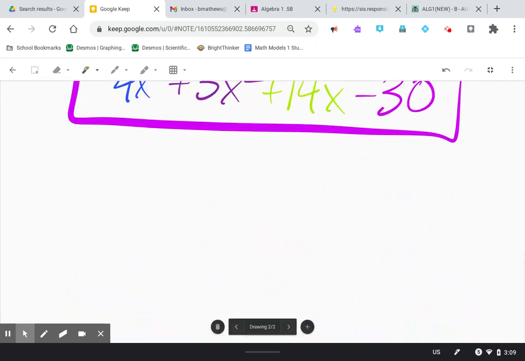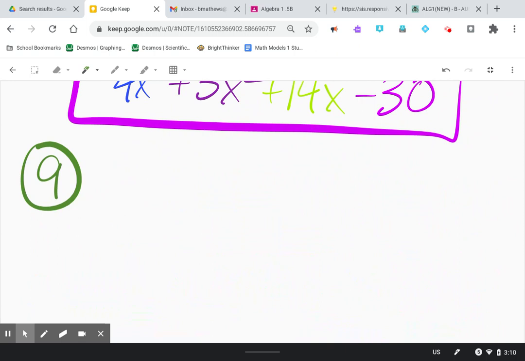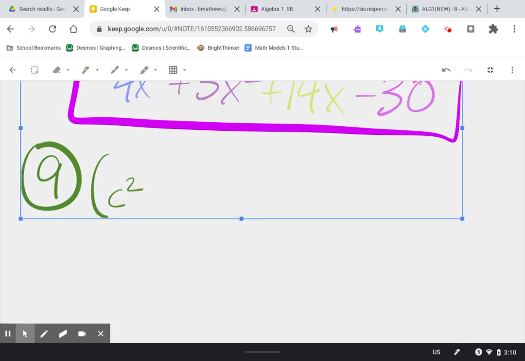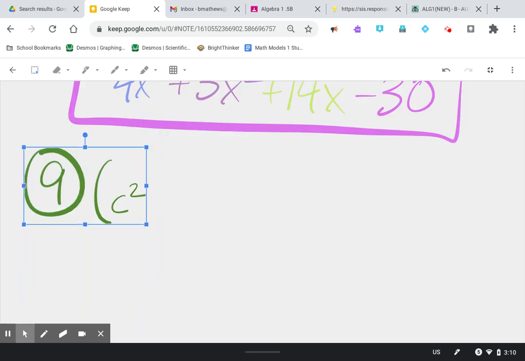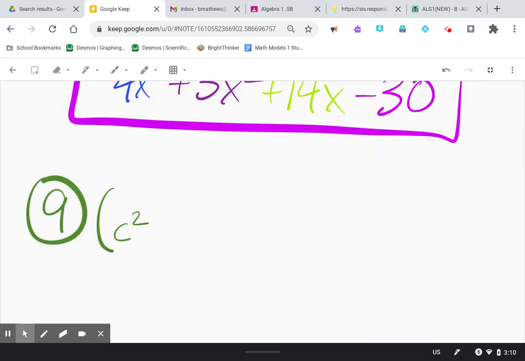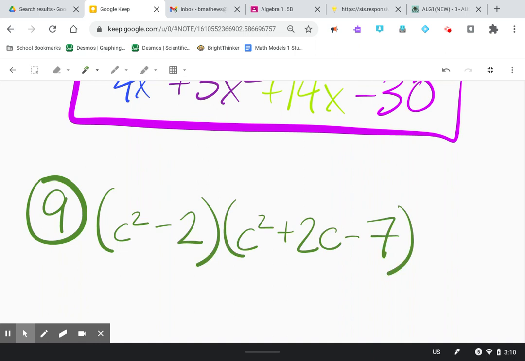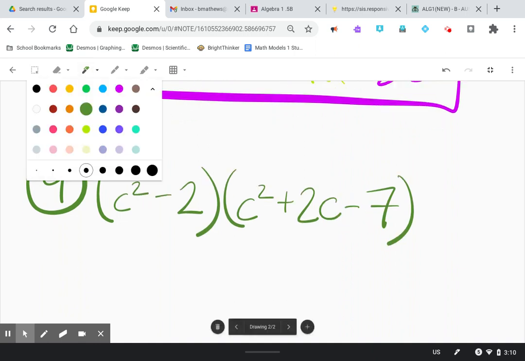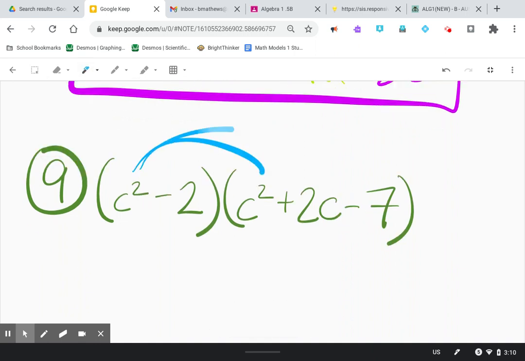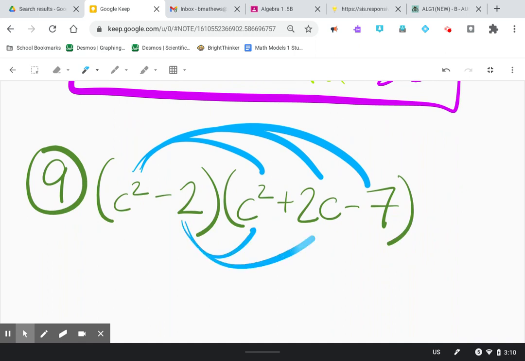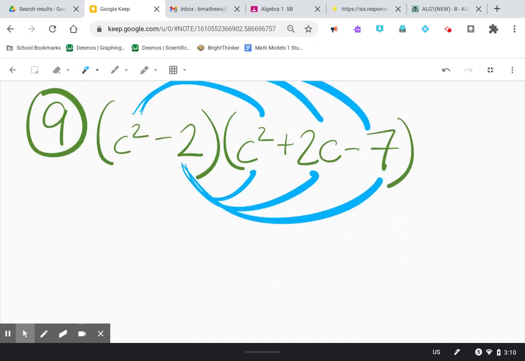All right, 2 more examples. These examples should mirror pretty closely what you're seeing on your lesson. C squared minus 2, times C squared plus 2C minus 7. All right, so again, I'm going to distribute C squared, and I'm going to distribute negative 2. So I'm going to have 6 answers.